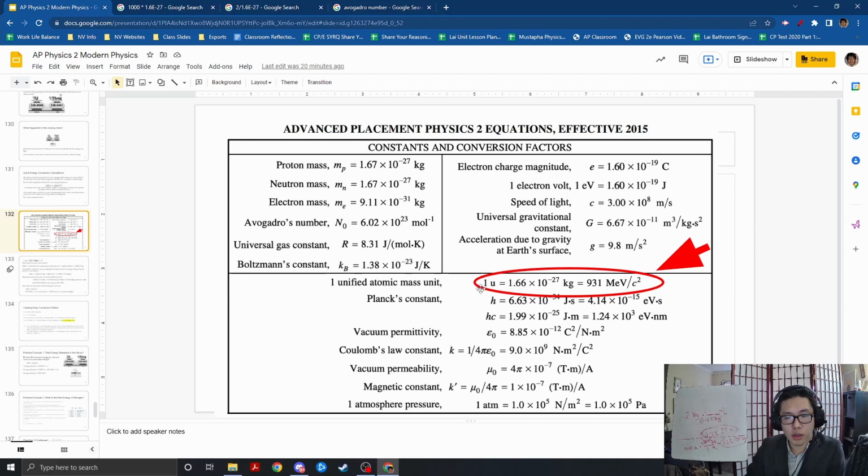So this is what I mean. When you look right over here, you could see 1 atomic mass unit is equal to 1.6 times 10 to the negative 27 kilograms. But you'll also see this interesting conversion factor of mega electron volts, all right? 10 to the 6, that's what mega stands for, 10 to the 6 electron volts, and it's 931 times 10 to the 6 divided by c squared.